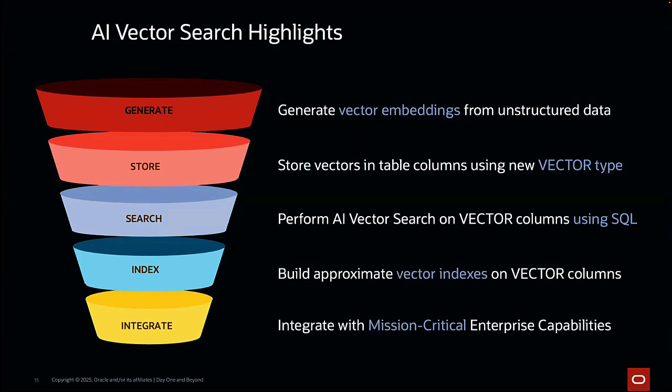And we'll show how to do that in a moment. We're going to drill through this, right: how to generate them, how you would store them, how you can query them, because it's one thing having them stored, but really the power is being able to query them using SQL. And then the approximate vector indexes, we'll briefly touch upon that, and we'll talk about how we can integrate with the Oracle mission critical enterprise capabilities.